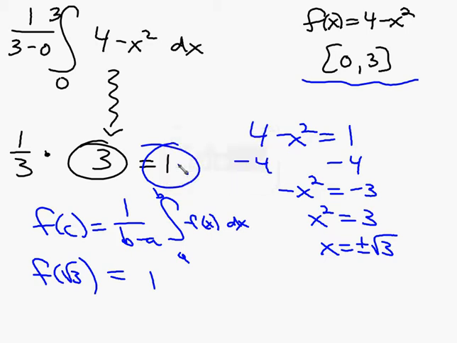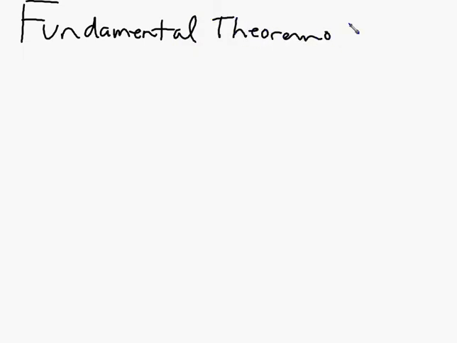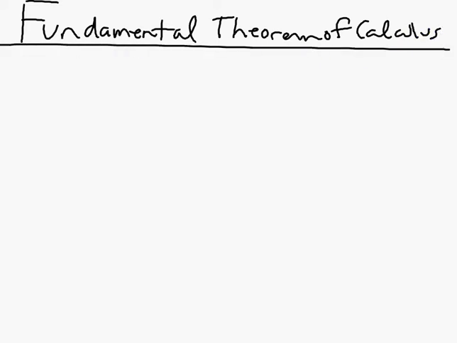All right, we're going to change gears now, and we're going to start talking about the fundamental theorem of calculus, which we have to get to. The fundamental theorem of calculus was the great discovery of Sir Isaac Newton and another guy whose name was Leibniz.